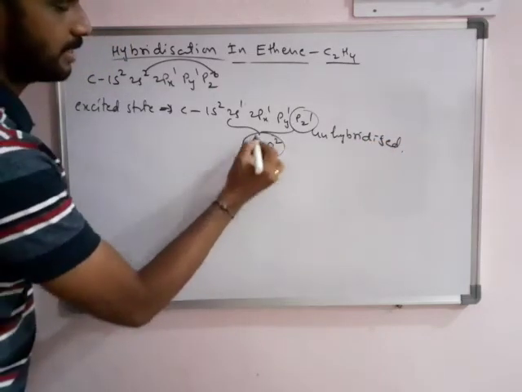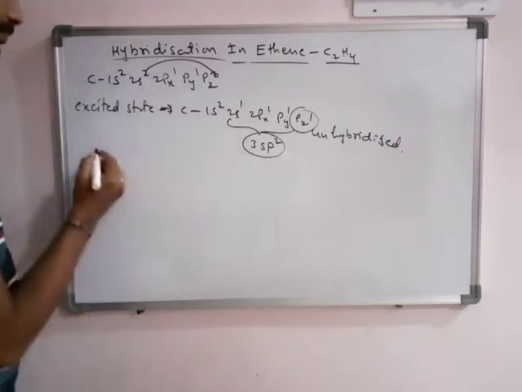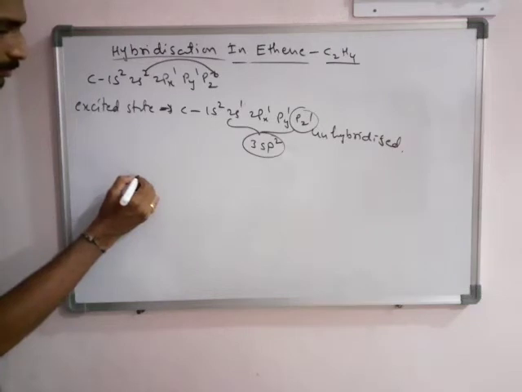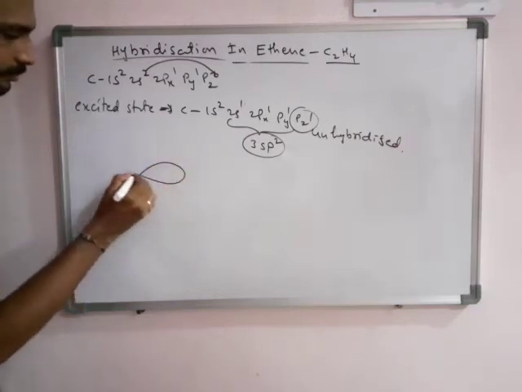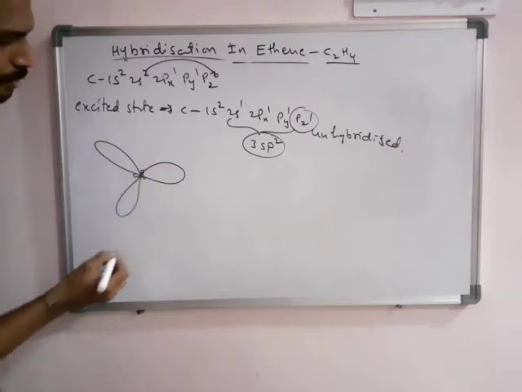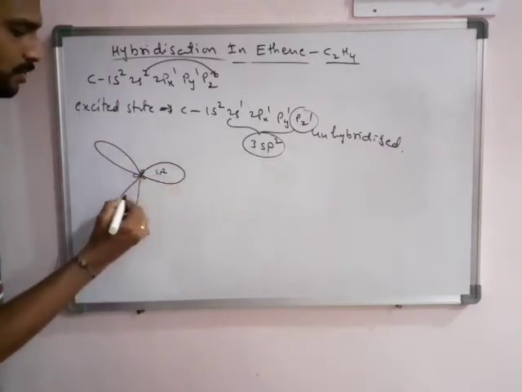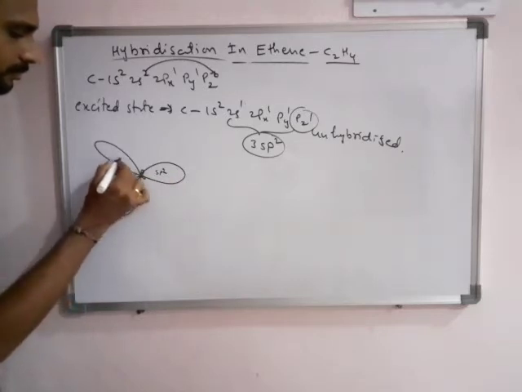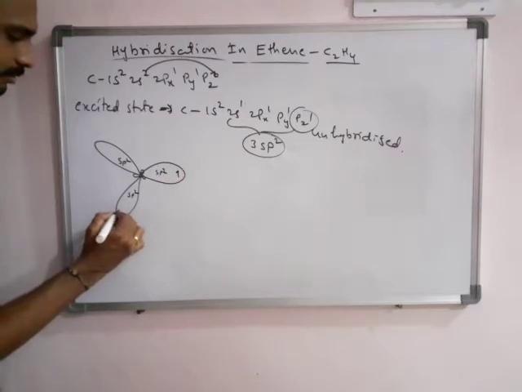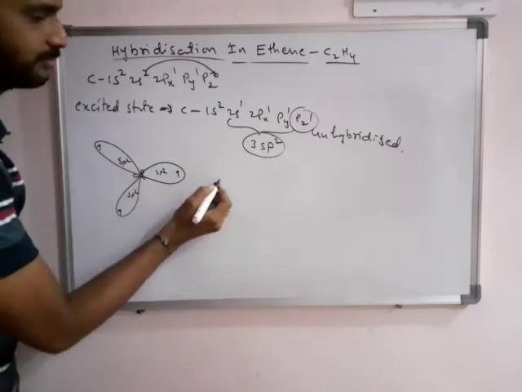Means each carbon is having 3 sp2 hybrid orbitals. Okay, see that. So these are 3 sp2 hybrid orbitals of the first carbon, which are having unpaired electrons, means they are ready for bond formation.